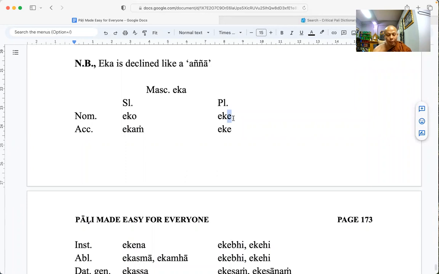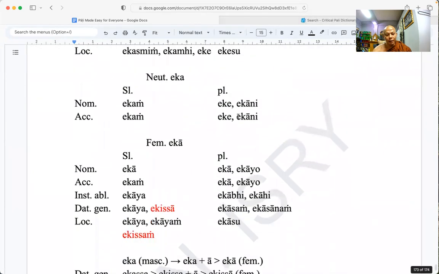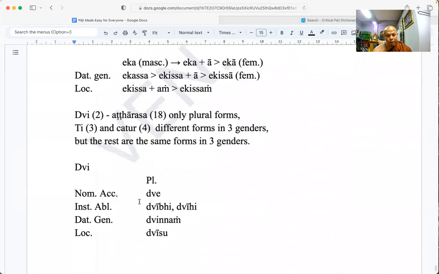So ya in the nominative case plural is ye, and here dwi is also dwi in the plural form. The point I want you to notice is like ye and the day, and then sabe and so on.